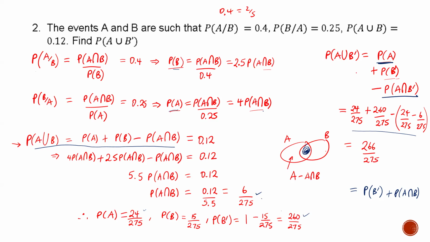This equation works for all sets, all pairs of sets. It's always true for all pairs of sets. I just replaced the B with a B complement because that's what the question wants in this particular case. So that's how I got the expression for A union B complement. And even if they ask you for P union Q, you know that it's P plus Q minus P intersection Q.